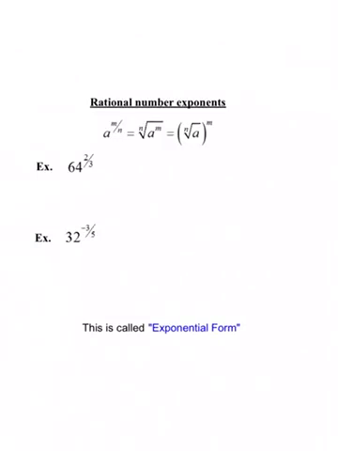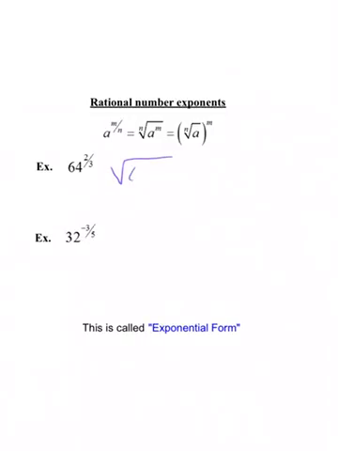We're going to practice going from exponential form to radical form. So as we said before, our denominator represents our index and our numerator represents the exponent. So we can rewrite this fractional form in radical form.